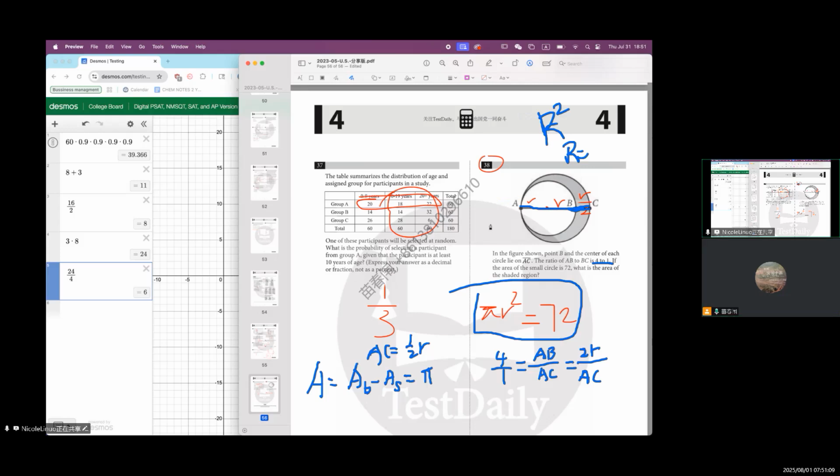Basically R is AC over 2, right? Yes. And AC is basically AB plus BC, which is 2R plus 1/2 R, right? Divided by 2. Does that make sense?